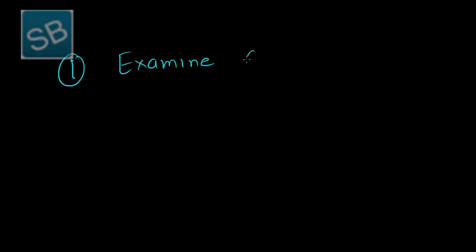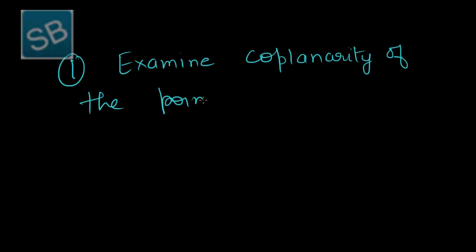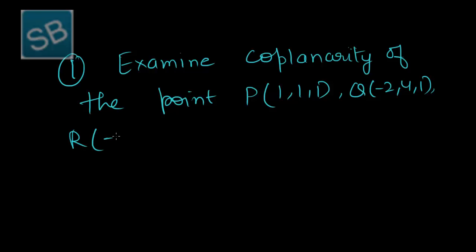Now we are going to solve some typical problems. The first one is: examine coplanarity of the points P with coordinates 1, 1, 1, Q with coordinates minus 2, 4, 1, point R with coordinates minus 1, 5, 5, and point S with coordinates 2, 2, 5.